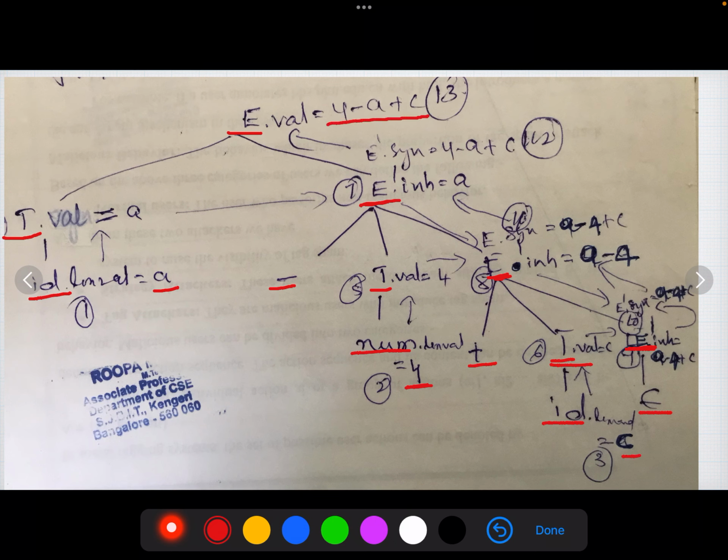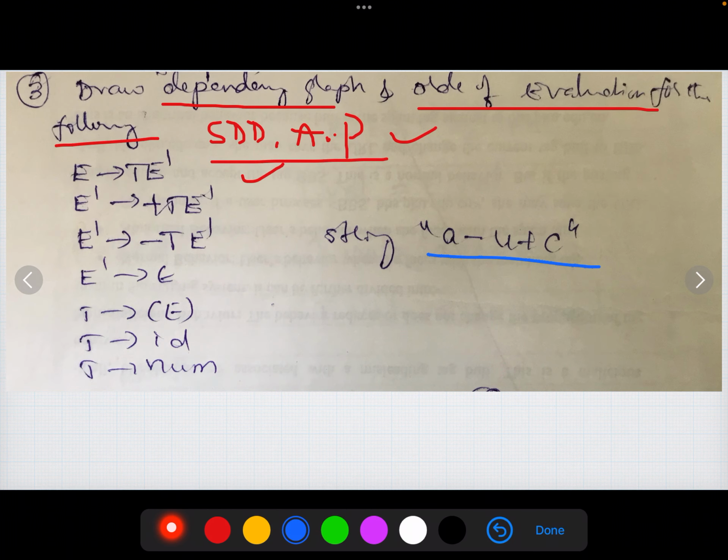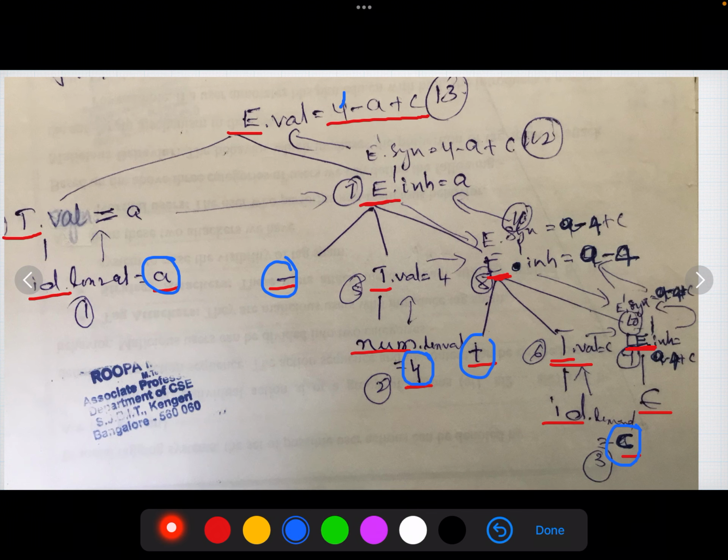A minus 4 plus c. So your string is a minus 4 plus c.